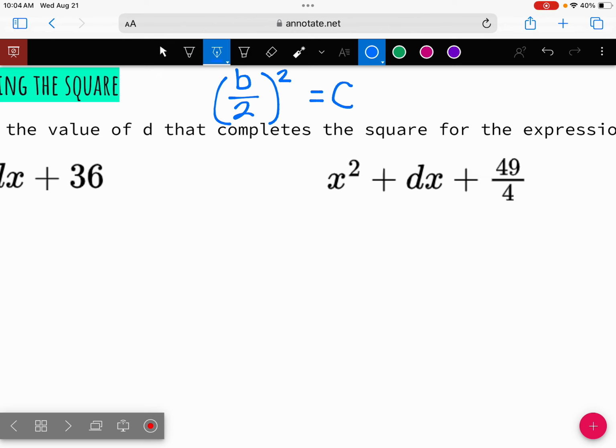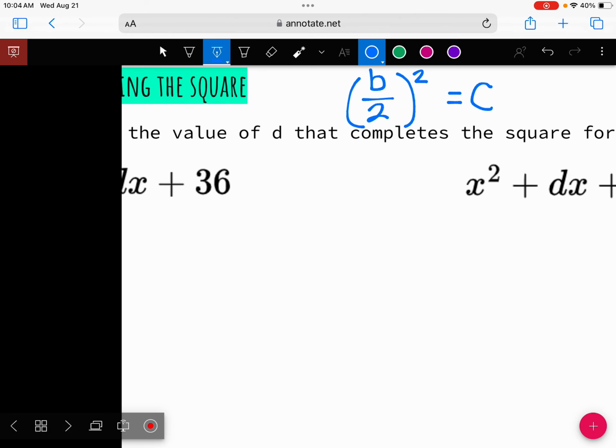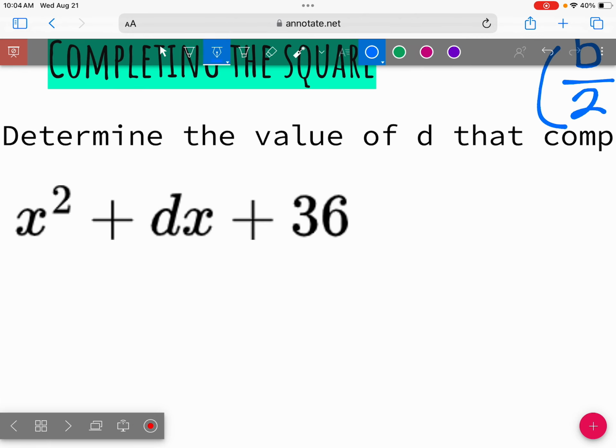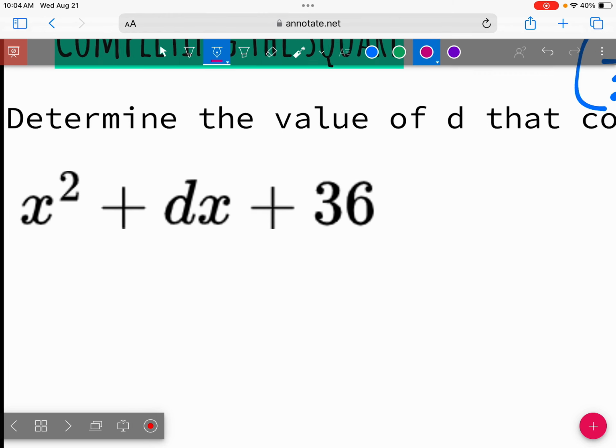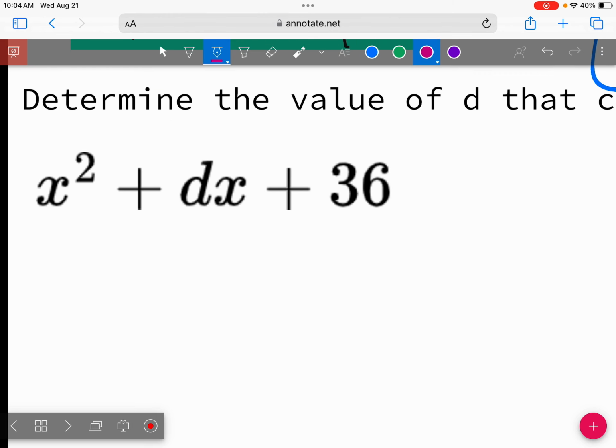Well, now I have C, but I don't have B. So on this first one, my x squared plus something x plus 36, which you can put as D or you could switch it to B because we're more comfortable with it. I don't care. I don't like that they kept changing letters. So 36 is our C value.